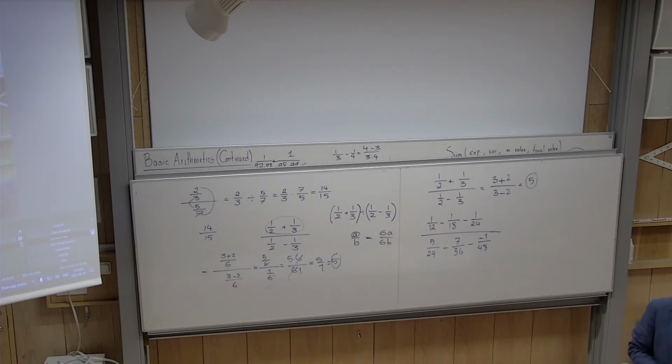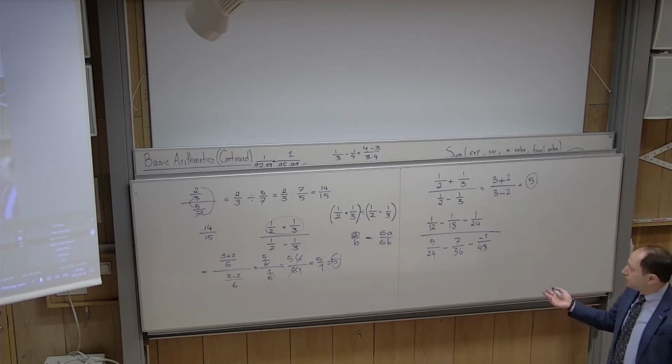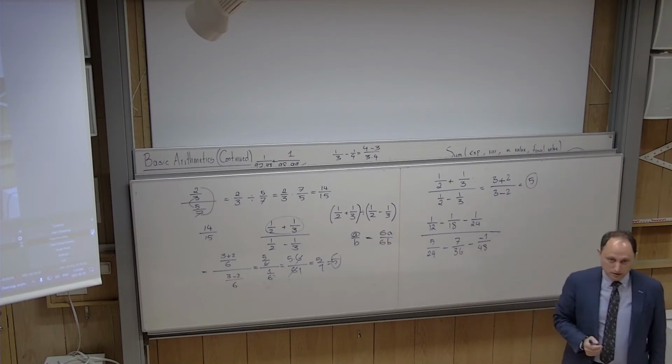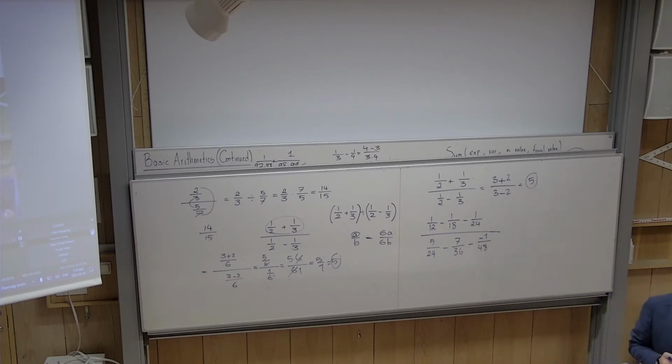No, so it's a random guess. You want to multiply so that the denominators are gone. No, we need the least common multiple. 480. 480 will work, but this is probably too big.